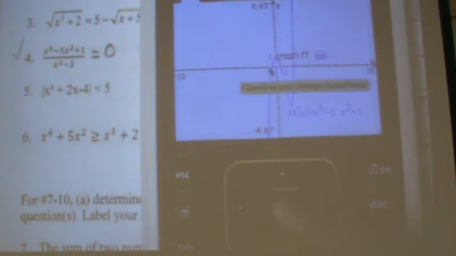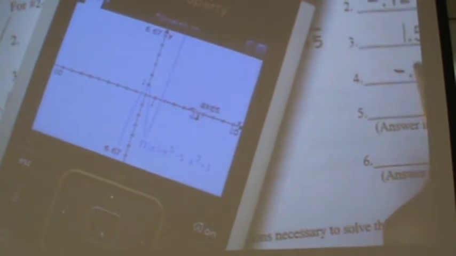One of them. Cannot accept change in valid input. That's odd. The 3 zeros are negative 0.44, 0.45, 1.67.